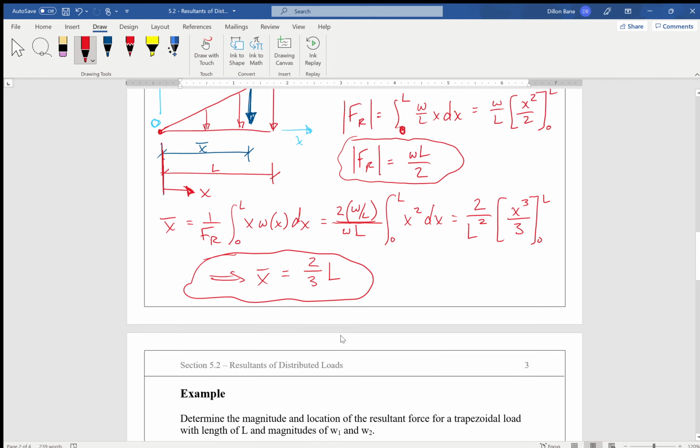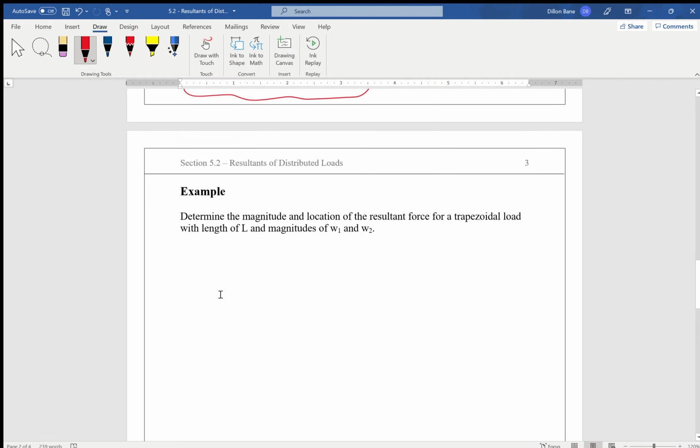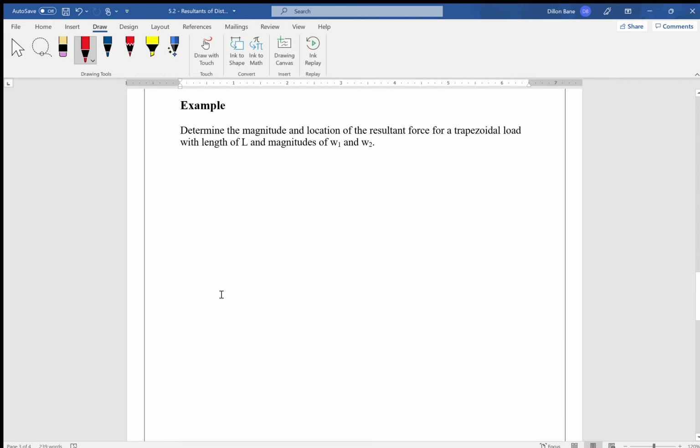Let's take one more step and turn that linear load into a trapezoidal load that, instead of starting at 0, maybe the load has an initial value, right? So we've got this load. We'll say this left side has a W1 and a W2, right?